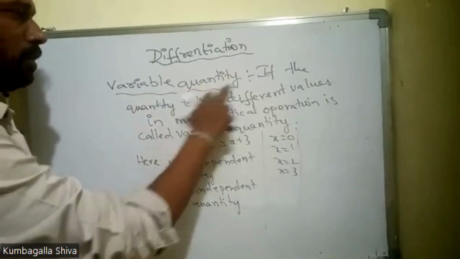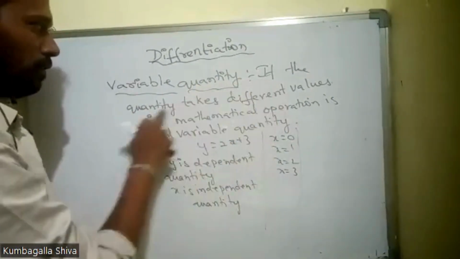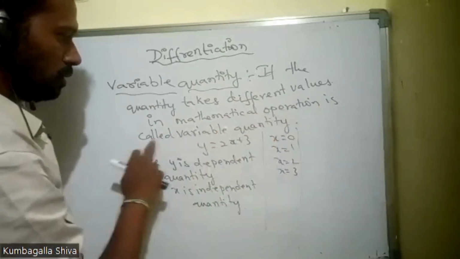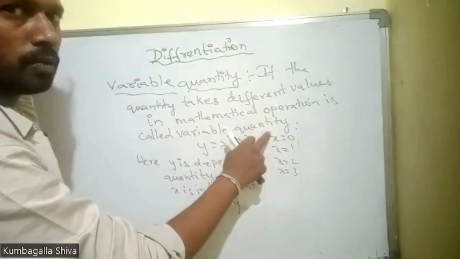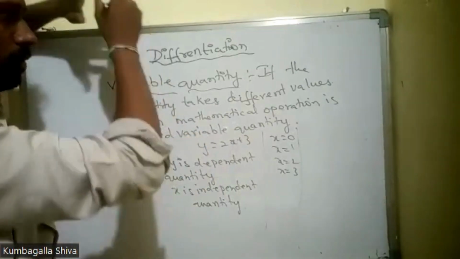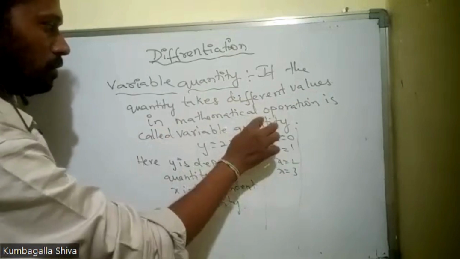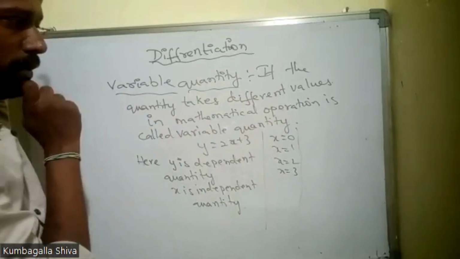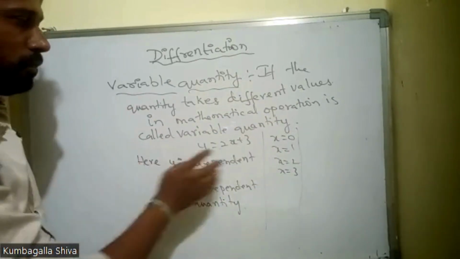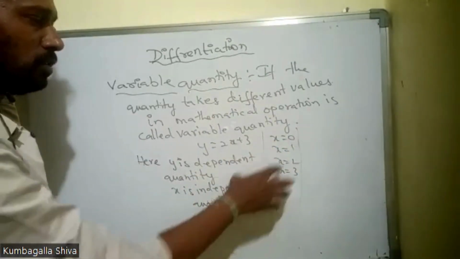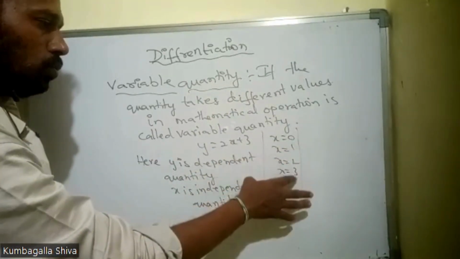If the quantity takes different values in mathematical operation, it is called variable quantity. Why I'm calling this variable quantity is I'm taking any type of x values, that is 0, 1, 2, 3.